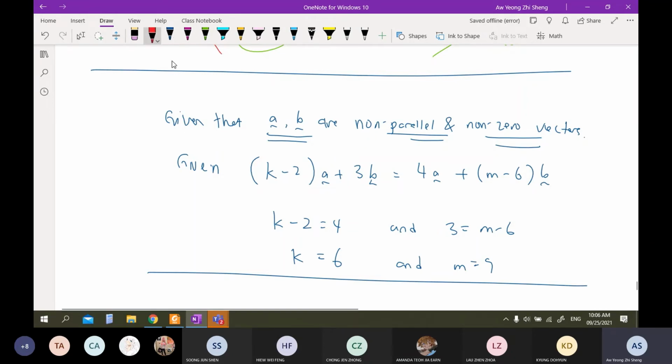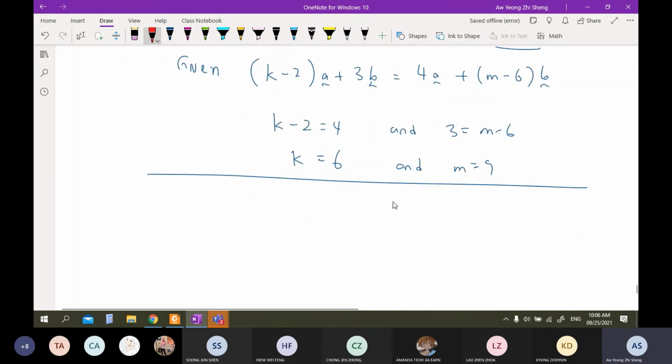However, there is one special case. If you are given i, j, k, if the three vectors involved are i, j, k, then it's actually okay to compare coefficients.